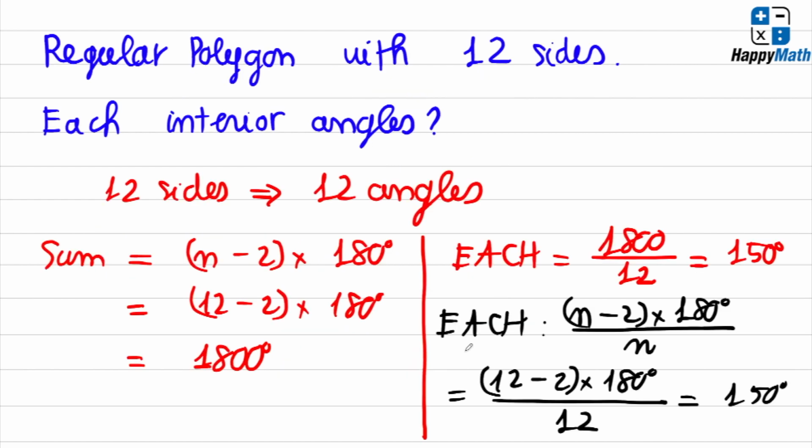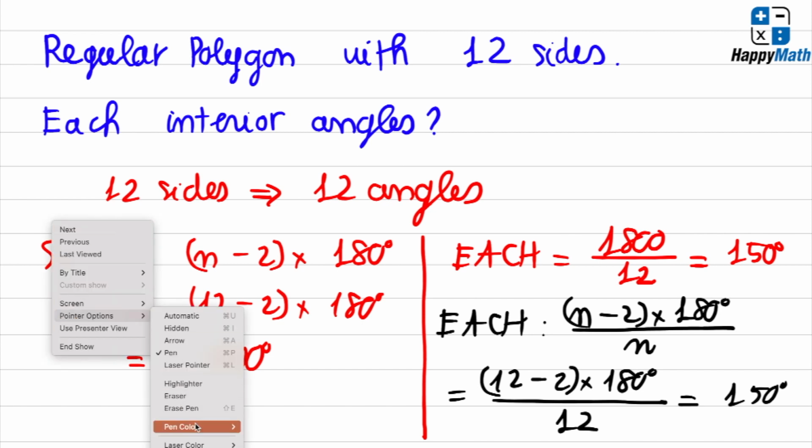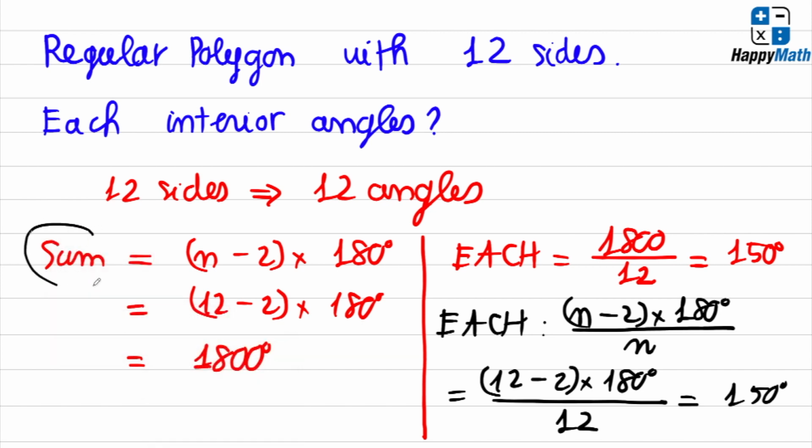Regular polygon. You have two ways for finding each interior angle. The first way, you can calculate the sum of the interior angles, and you understand the total number of angles, and then to find each angle you take the sum divided by the total angles.